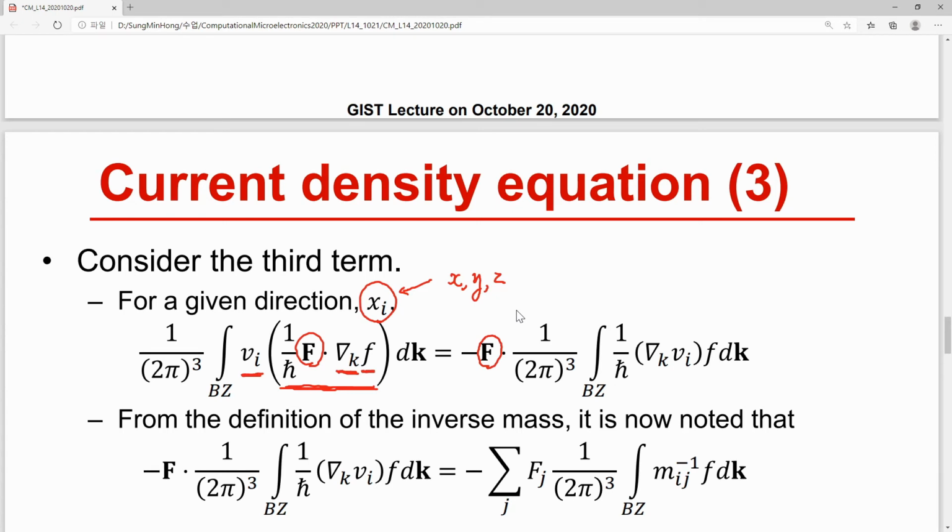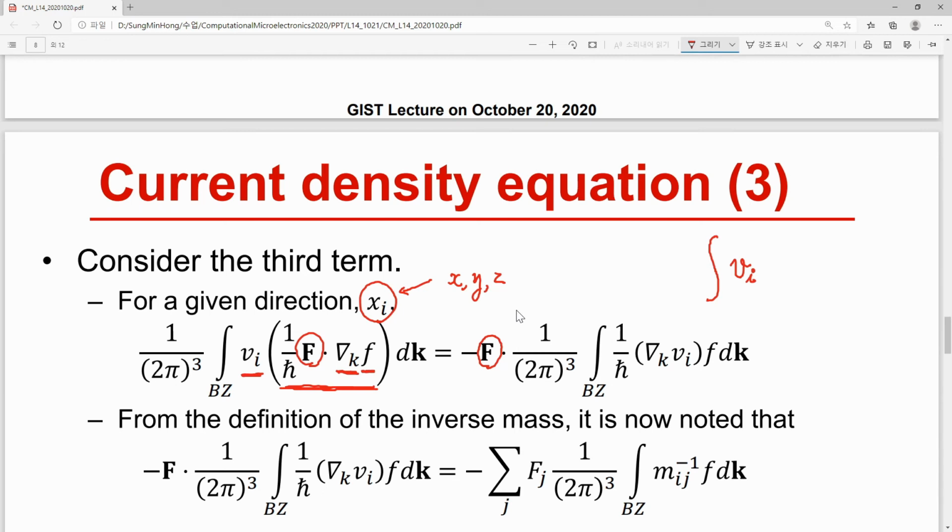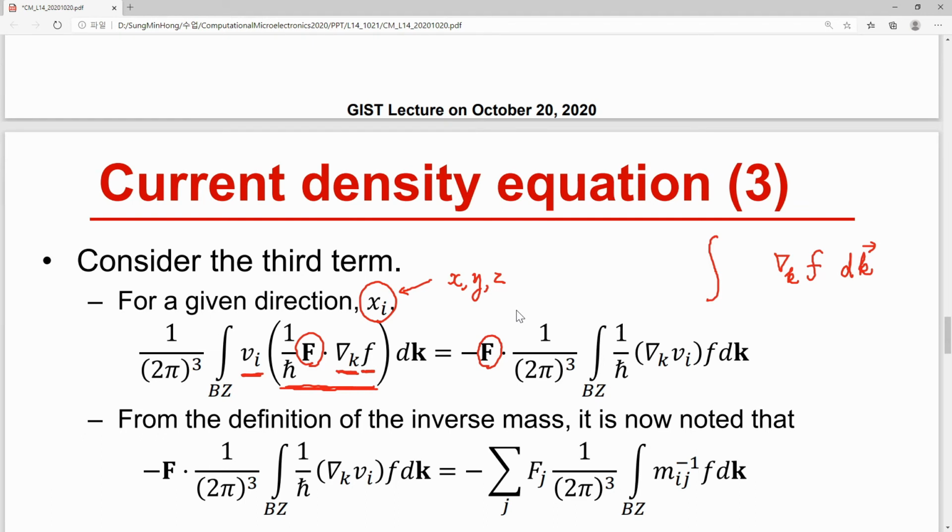However, in this case, it is not as simple as before, because instead of just this quantity, we have to consider v_i.